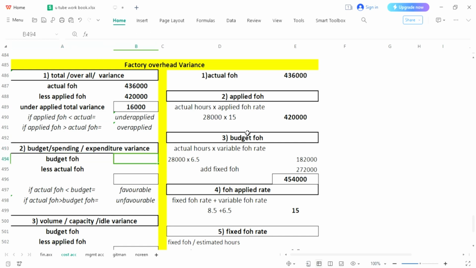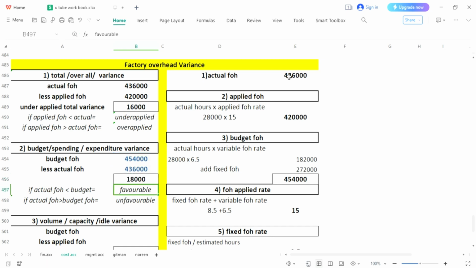It's time to see the second variance, budget variance, for which we need budget. And you can see budget FH was calculated over here, and the amount of budget FH was 4,54,000, put over here. And then you need to write down actual FH. Actual FH is mentioned over here from the book, 4,36,000, put over here. It's time to calculate budget variance by subtracting budget and actual. Your budget FH is 4,54,000, subtract 4,36,000.